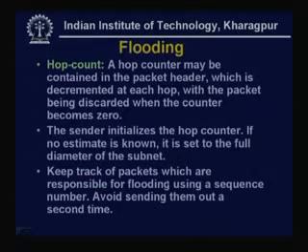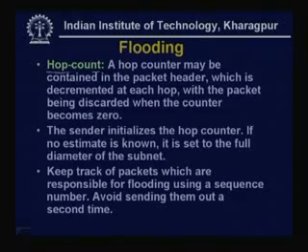How can it be done? One important technique that is used is known as hop count. Hop count is a technique that is used in some situations. A counter is contained in the packet header, which is decremented at each hop.